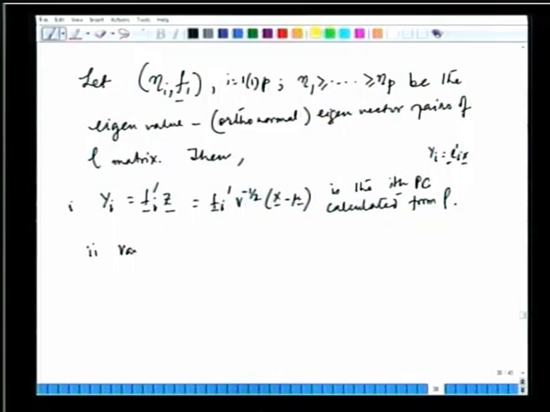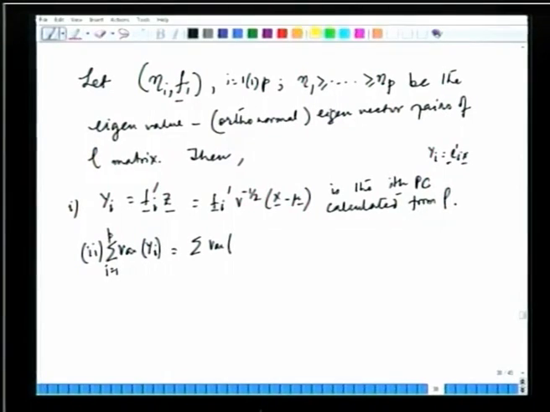And if I have to consider the variance of this, the first point to be noted is the total variation in y, that is, the sum of the variances of yi, i from 1 to p. There are p of them as before. Because I had the sum of variances of yi equal to the sum of variances of xi, similarly the sum of the variances of these new yi's should be equal to the sum of the variances of zi, i from 1 to p.